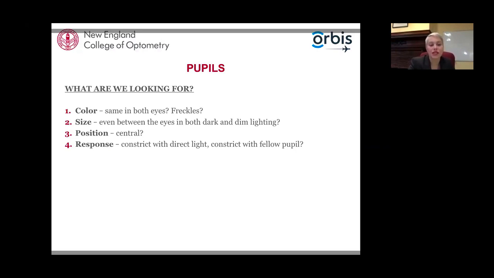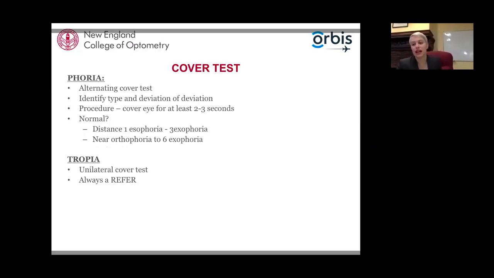You can ask if the size of the pupils look about the same, if they're positioned centrally, and if they've noticed any response to direct light, or if they constrict with the fellow pupil. So it's a little bit more advanced, and you don't want to put too much pressure on people who are not trained to identify certain conditions, but this is something that you can start introducing as your screening process goes on.